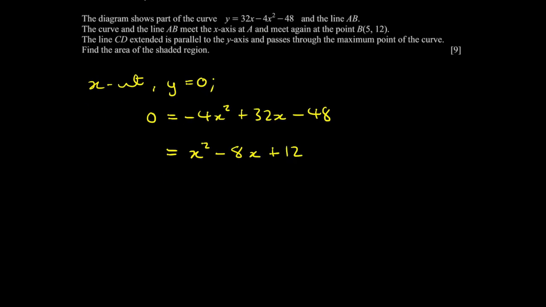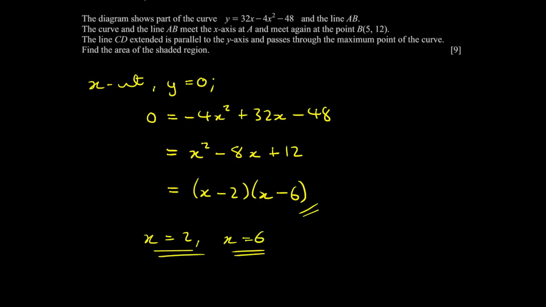And I think that should factorize quite nicely to give bracket x and x. And I want two numbers that multiply together to give positive 12, but add up to give negative 8. That's going to be negative 2 and negative 6, isn't it, right? Those are going to be the two numbers. And so that means we've got x-intercepts when x is equal to 2 or x is equal to positive 6.